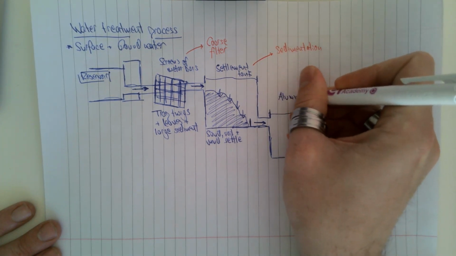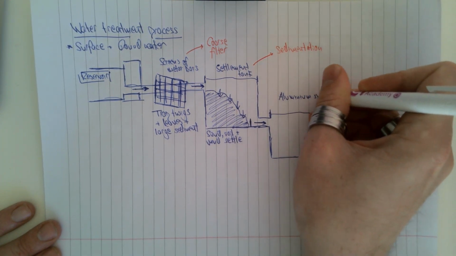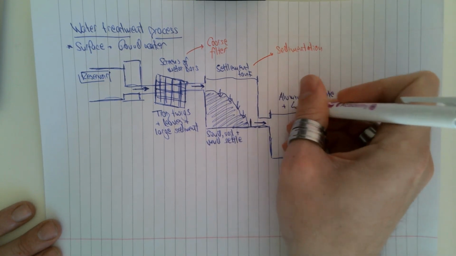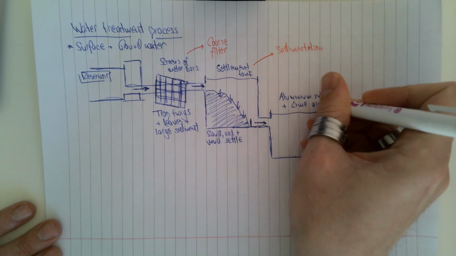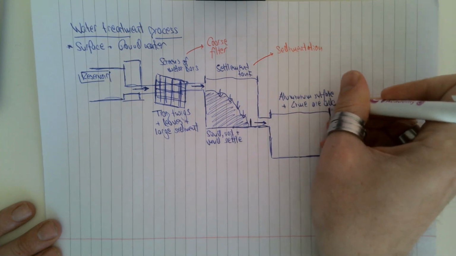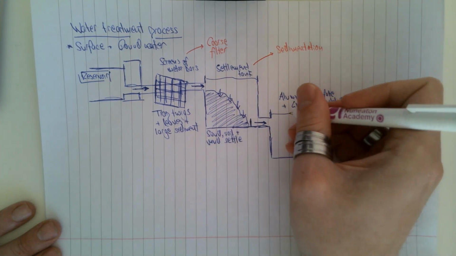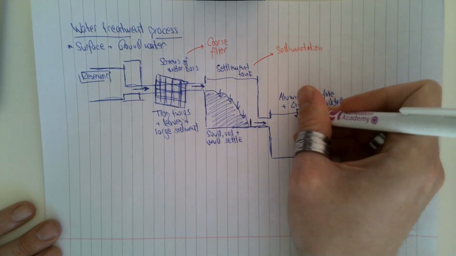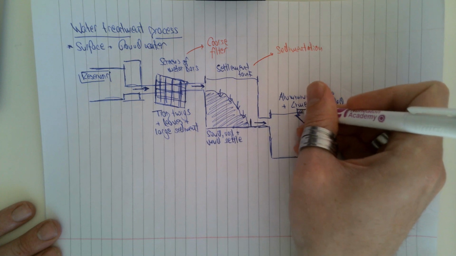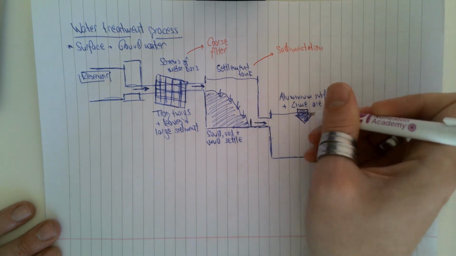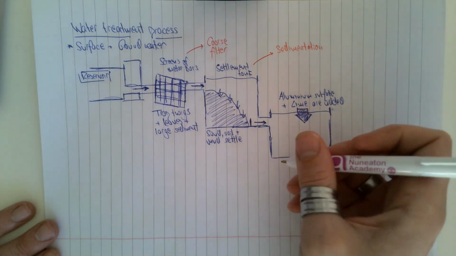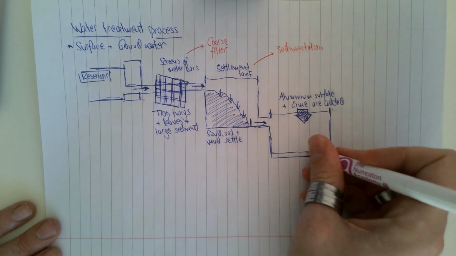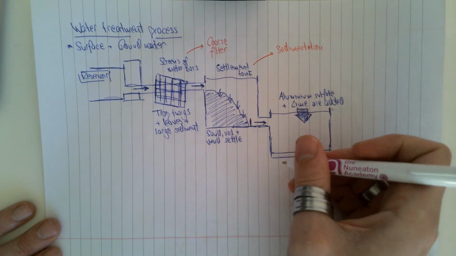Things like aluminium sulfate and lime are added to help clean out the water of particular microbes and things like that. Now, remaining bits of sort of small particles and dirt and mud sink to the bottom.